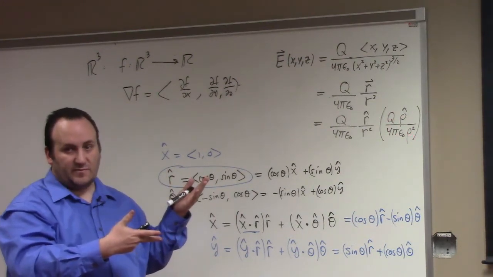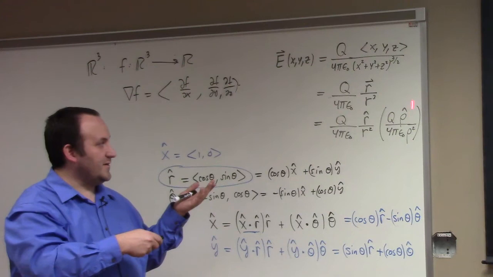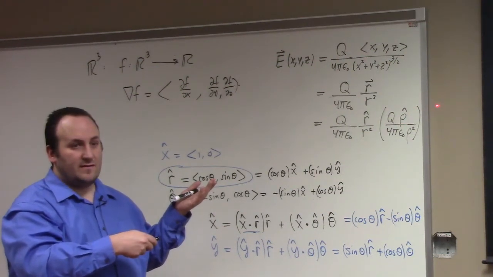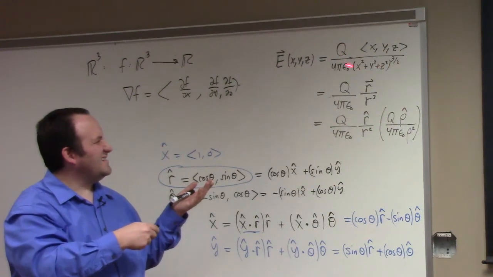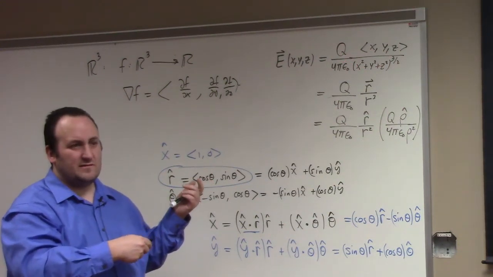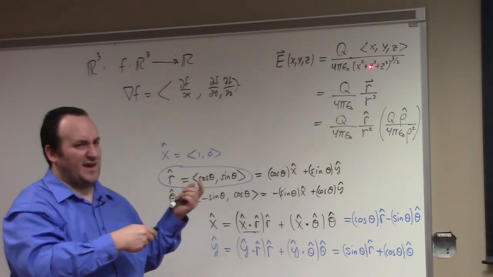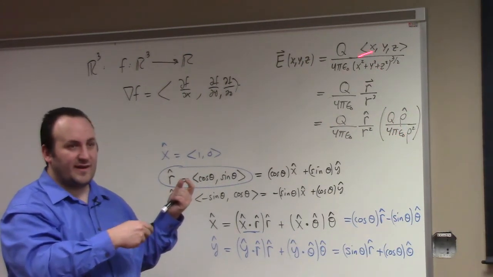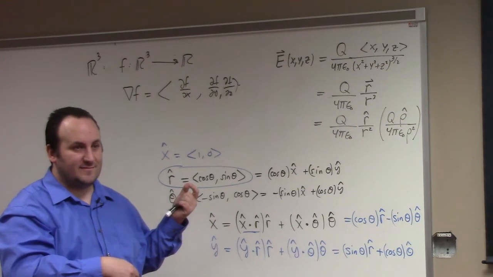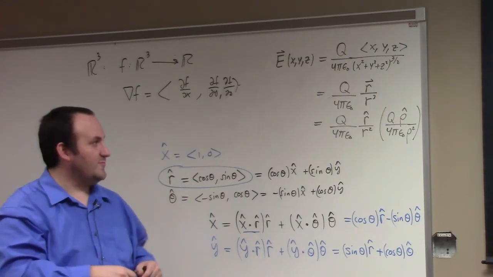That's the Coulomb field magnitude, and it points in the spherically outward direction. As compared to what you face in Cartesian coordinates, yucky. So Cartesian, bad. Spherical, good. Bad, good, bad, good. All right. Brainwashing complete.